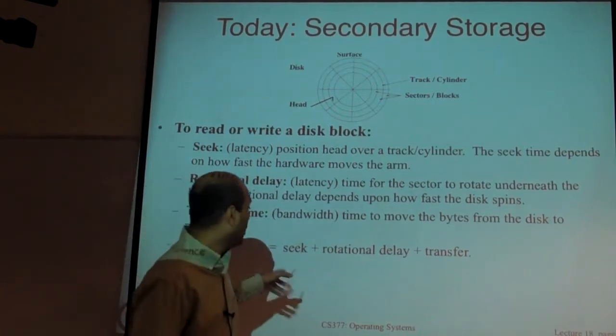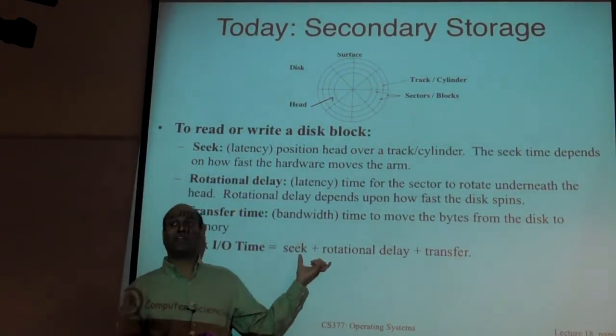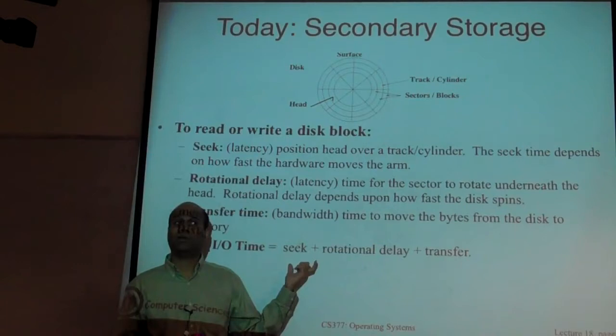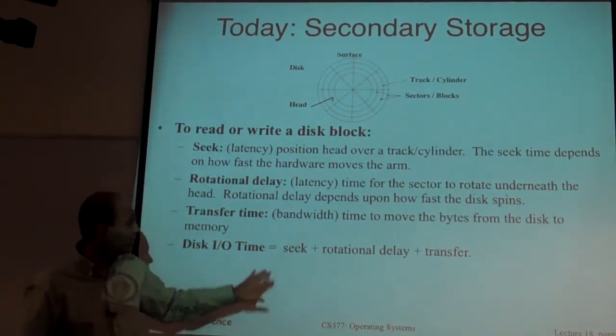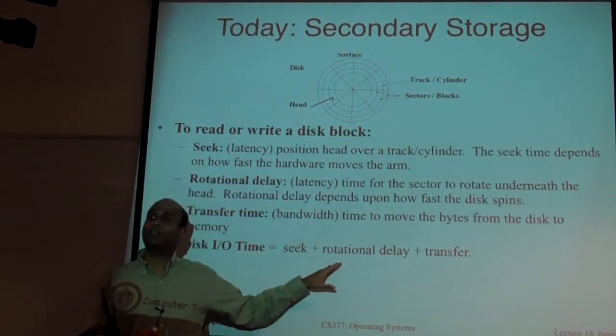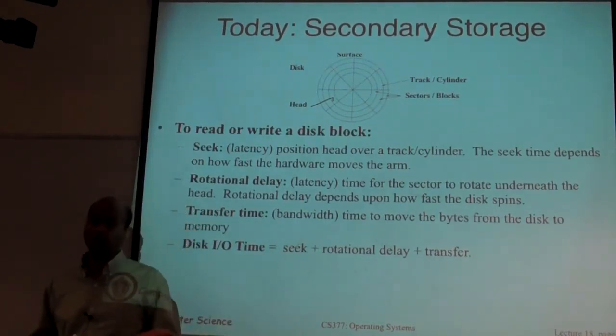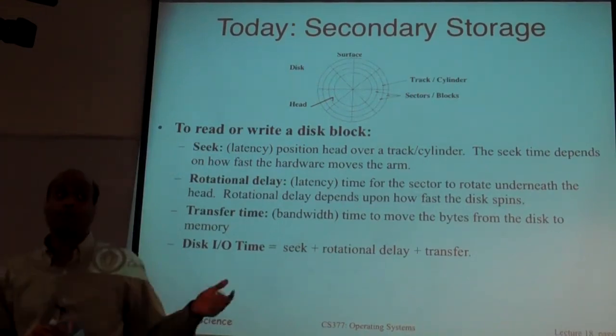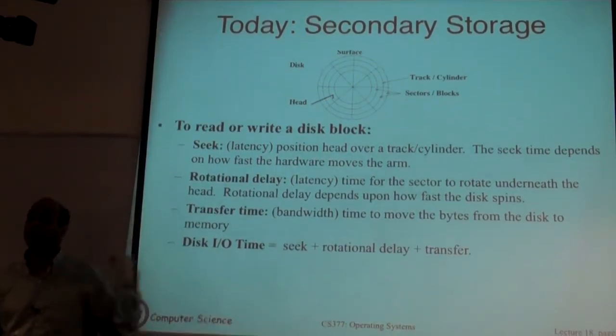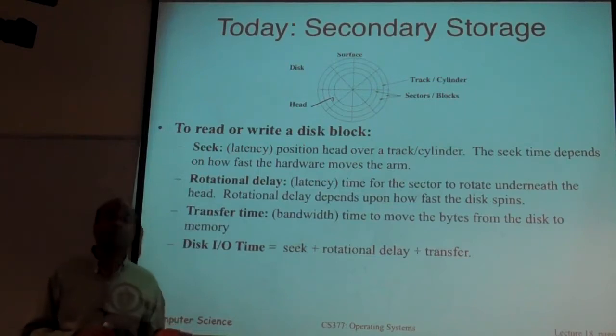As I mentioned, these 2 quantities are effectively wasted time from a disk perspective. The reason disk I/Os are slow is because these overheads are significant. They can be on the order of milliseconds or tens of milliseconds. For every I/O request, you have to wait 20 milliseconds even before the disk can do anything. That's a significant overhead.